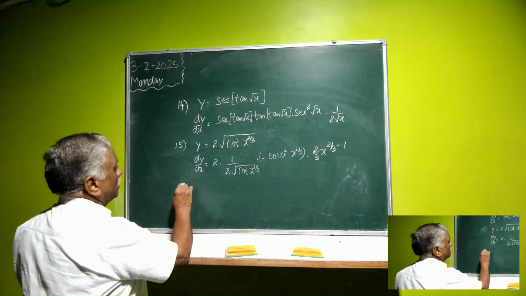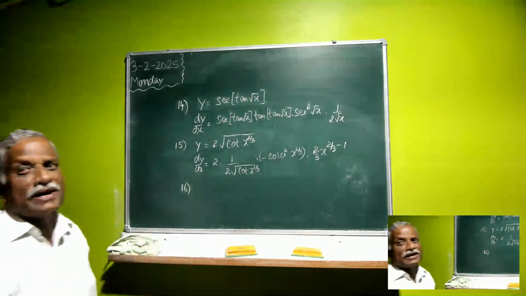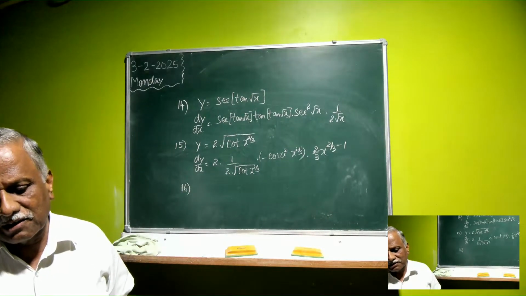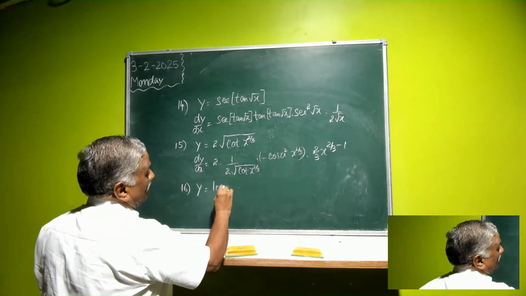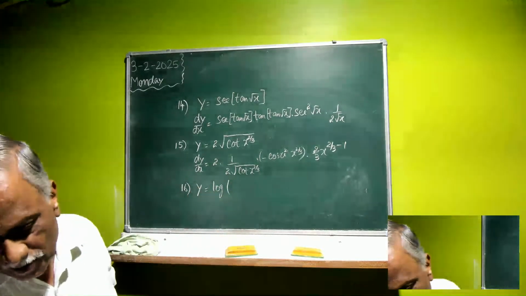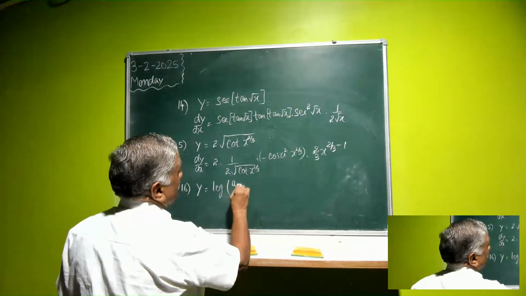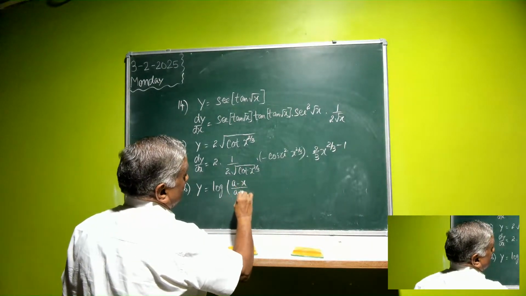One more problem. I'm just repeating it so that you can recall the method. y is equal to log of a minus x over a plus x.